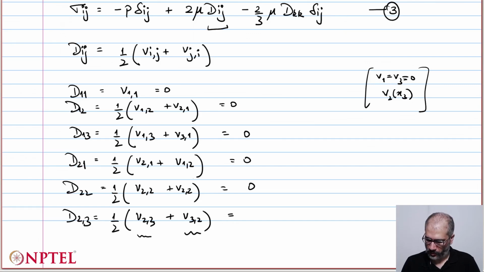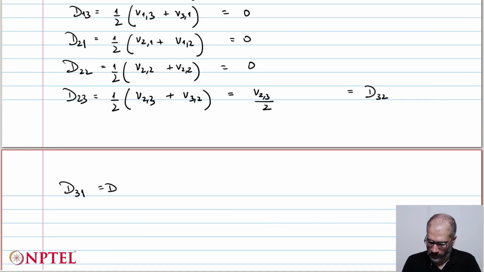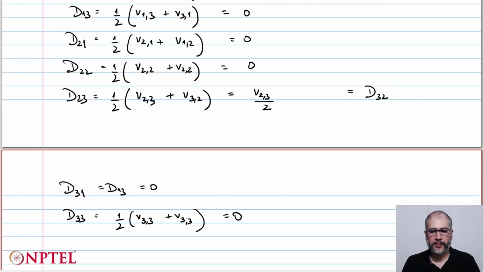So this reduces to simply v2 comma 3 divided by 2. So at least we have one component which is not 0. And since D is symmetric, we can also say that this is also D32. So next we come to D31, which is equal to D13, and we found out D13 to be 0. We just need to check for D33, but since D33 involves v3 comma 3, and since v3 is assumed to be 0, this is a 0.